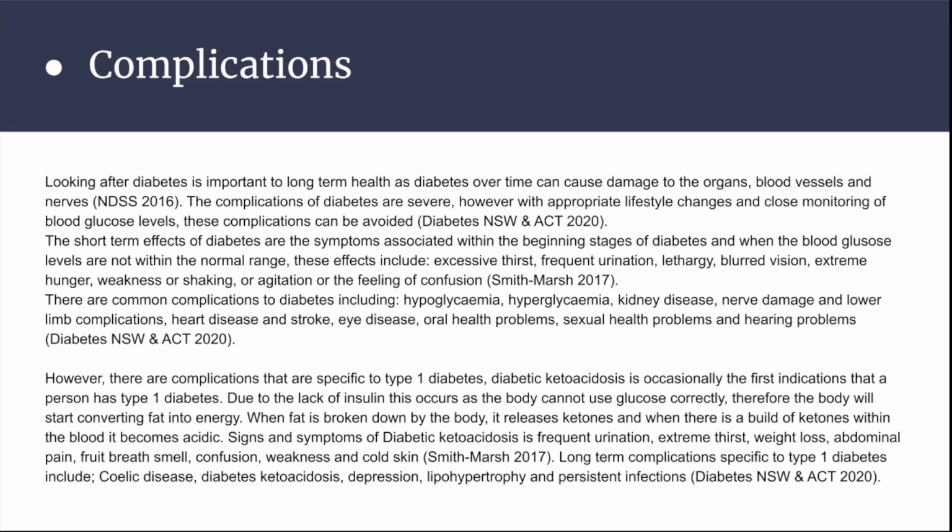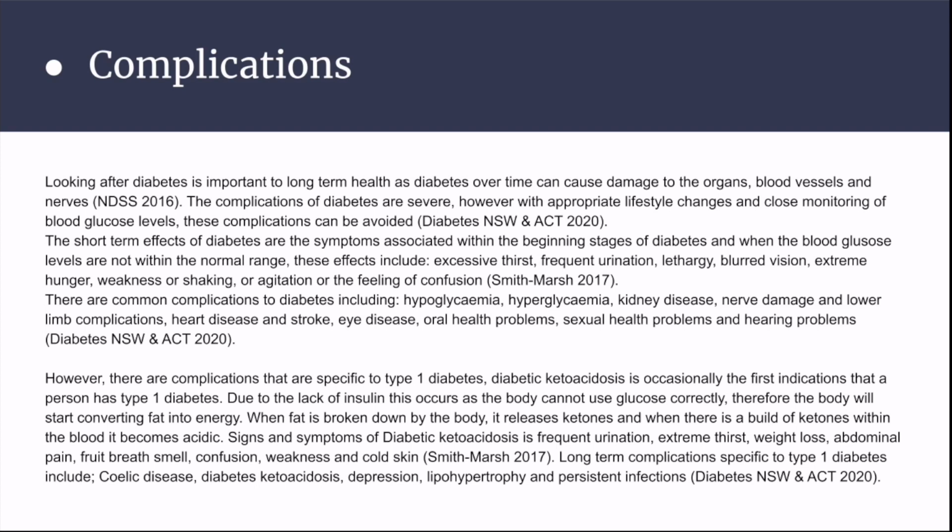Another complication of type 1 diabetes is diabetic ketoacidosis. This is usually the first indication that a person has diabetes type 1. Due to the lack of insulin, the body cannot utilize glucose correctly as a source of energy. Therefore, the body starts converting fat into energy. When fat is broken down by the body, it releases a chemical substance called ketones, and when there is a buildup of ketones in the blood, it becomes acidic.